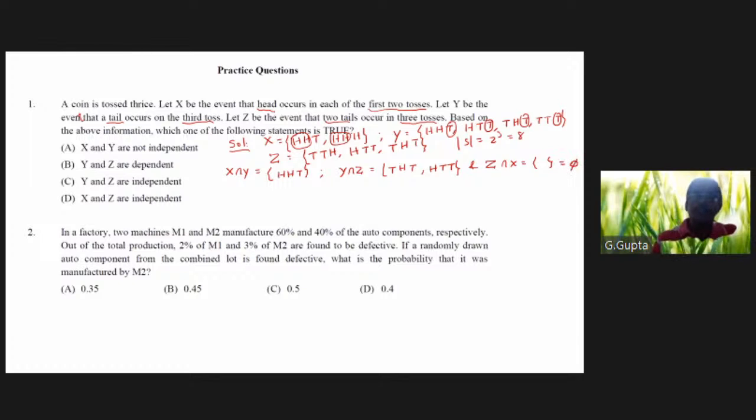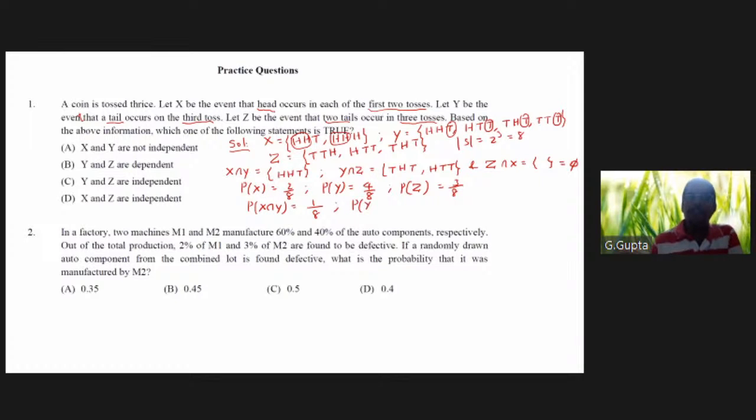So probability of X, 2 favorable outcomes out of 8, 2 by 8. Probability of event Y, 4 favorable outcomes out of total 8. Probability of event Z, 3 favorable outcomes out of 8. Probability of X intersection Y, only 1 favorable outcome out of total 8.